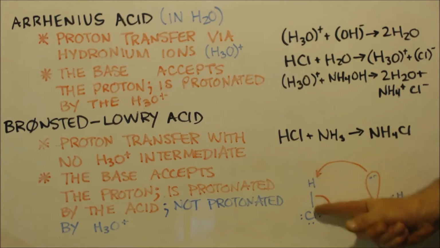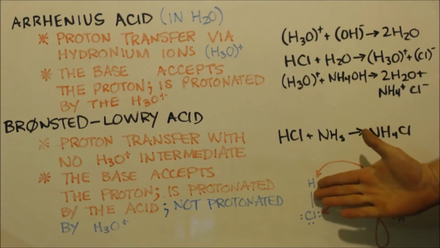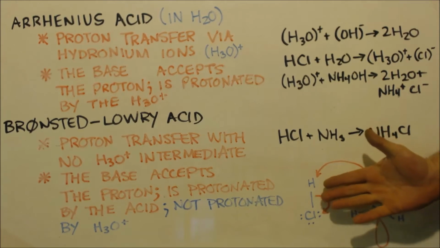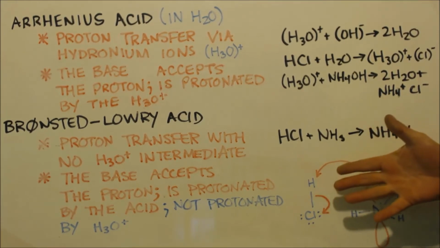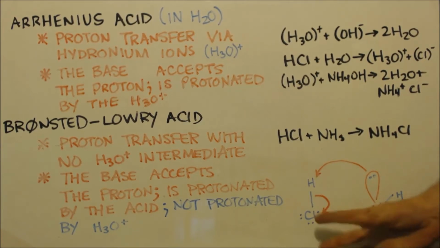This is neutral, right? HCl is neutral. But if it throws a proton over here, now you're left with a negative chloride. It went from not owing anyone and not having anything in the bank. It was neutral. It doesn't owe, it doesn't have anything. But when you took it away, now it's negative.